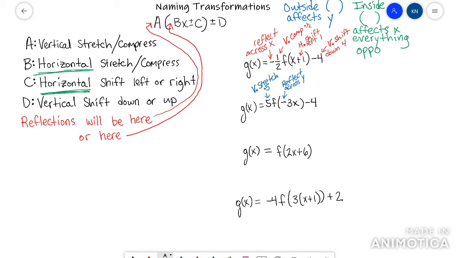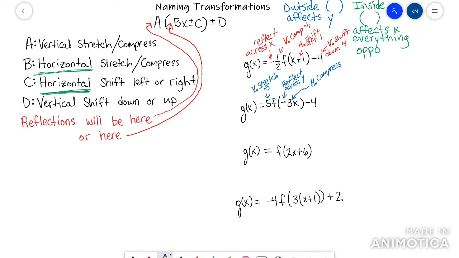The next thing I see is this 3 by the x. It's in the B slot, so it's horizontal. Then I just got to figure out if it's a stretch or compression. It's timesing by 3. So your initial thought is to call it a stretch. However, remember, everything is opposite in the parentheses. So this is actually a horizontal compression.